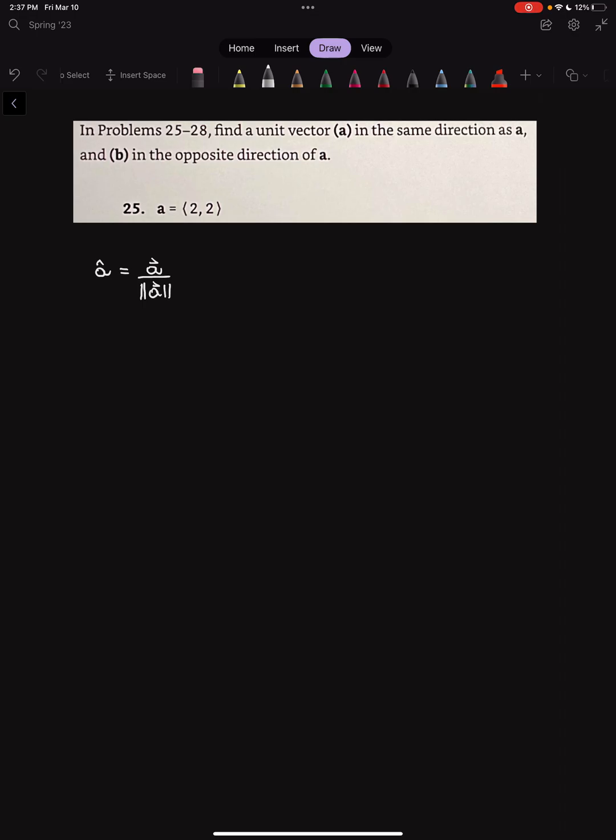Now, what is the A vector? Well, the A vector is (2, 2). And the magnitude, remember, we just apply the Pythagorean theorem, so the magnitude is going to be 2 squared, the side squared, plus the other side squared. And the result is going to be what?